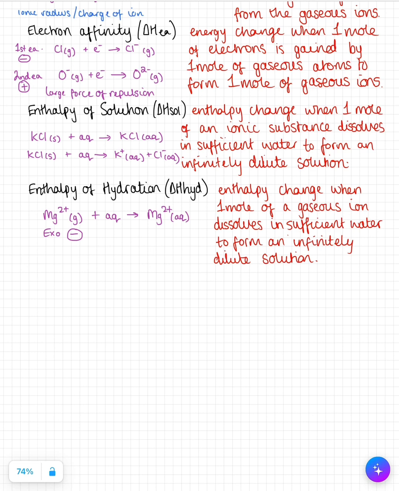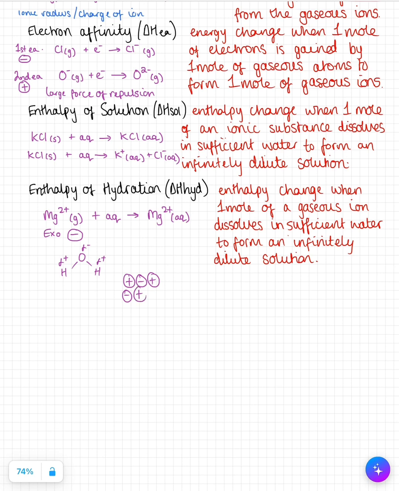For example, if we have our water molecule where there are some slight dipole charges due to the electronegativity of the oxygen, and we have our ionic solid, there is an interaction between the partially positive hydrogen and the negative ion.